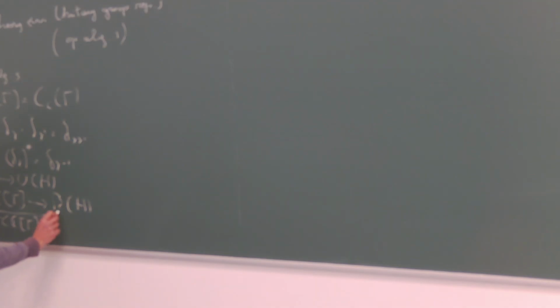So we can complete the image of this inside B of H, taking the closure in the operator norm, for example, and we obtain a C-star algebra.